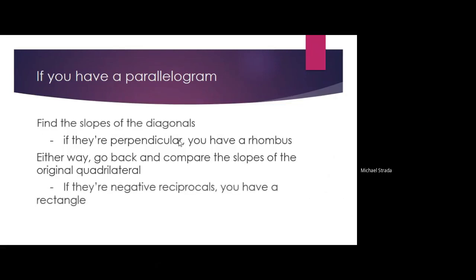If they're negative reciprocals, you have a rectangle. If both of the above are true, then you have a rectangle and a rhombus, better known as a square.